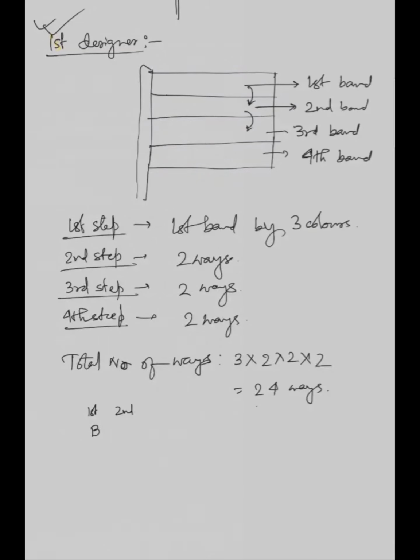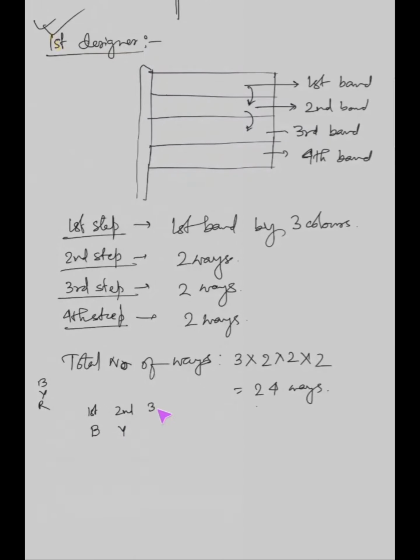In the second band, suppose he has chosen yellow, because he has two remaining colors, yellow and red. We have three colors there, namely blue, yellow and red. So for the first band he has chosen blue, in the second band he has chosen yellow.